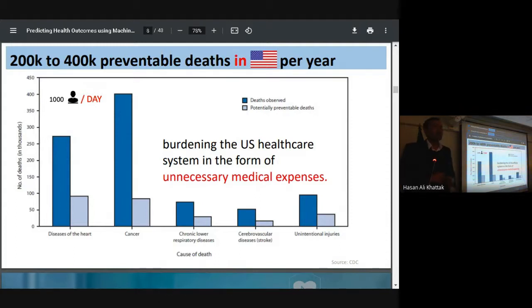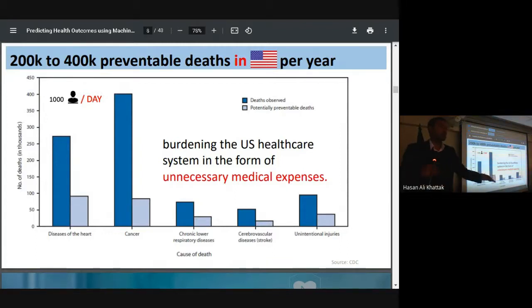Around 1,000, even more, unplanned or avoidable deaths happen in the US every day, because the data is mostly taken from US databases and surveys, and it's around 200K to 400K preventable deaths in the US per year.